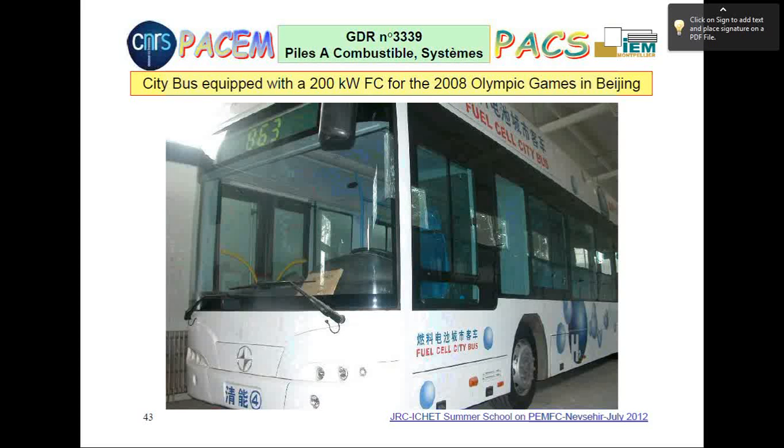These examples have a compressed hydrogen pump. So 350 bars is more or less common, and now they are trying to have 700 bars to increase the quantity of hydrogen in the tank. 700 bars reach about 5-6% weight storage.